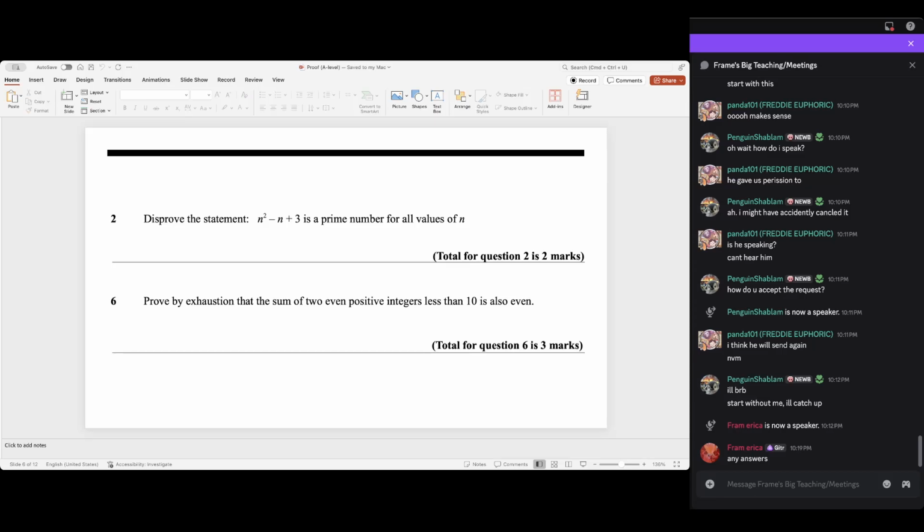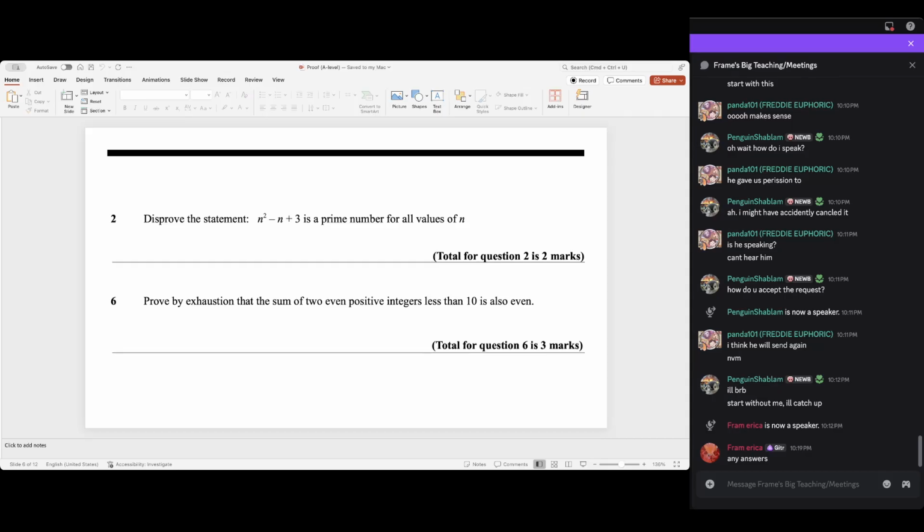I'd say 3 would be one example. Yes, because it says all, so the counterexample would be that not all values of n are such that n squared minus n plus 3 is a prime number. That is the opposite.